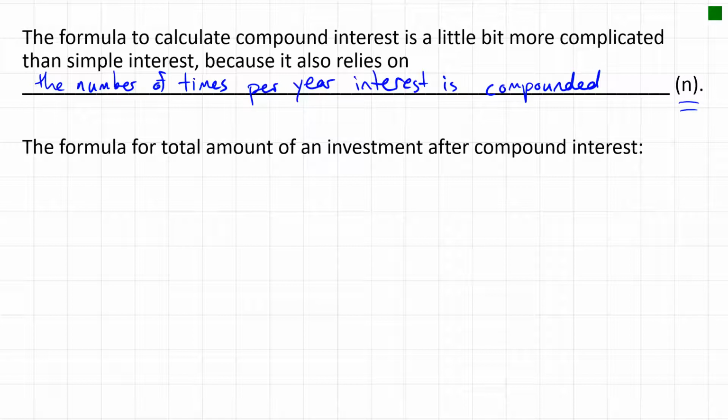So the formula for the total amount of an investment after earning compound interest, the total amount, this is going to be represented as capital A, is A equals the principal times a bracket 1 plus the interest rate divided by the number of times the investment is compounded, all of which, everything in the brackets, raised to the power of the number of times that it's compounded each year, times time, the length of the investment.